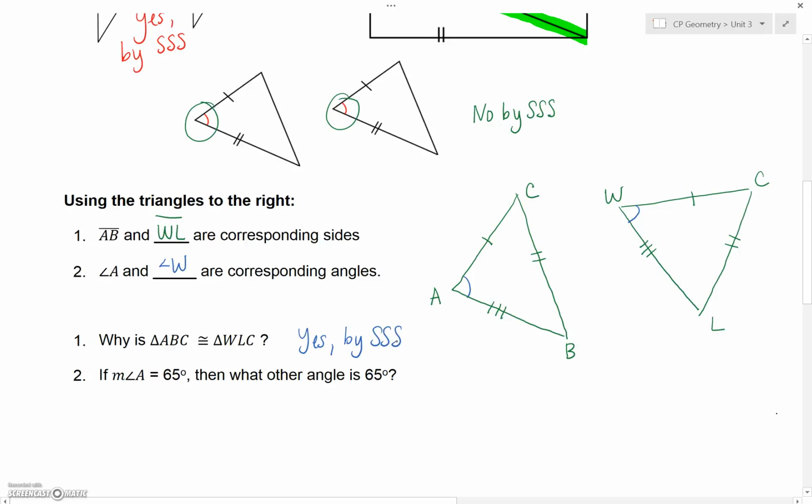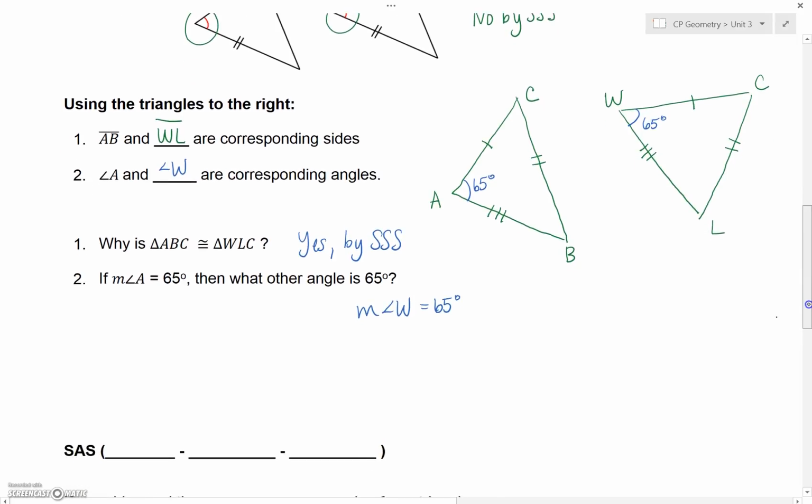If the measure of angle A is 65 degrees, then what other angle is 65 degrees? Well, we said if those were corresponding, and we just said our triangles were congruent, each of those would be 65 degrees. The measure of angle W is also 65 degrees.